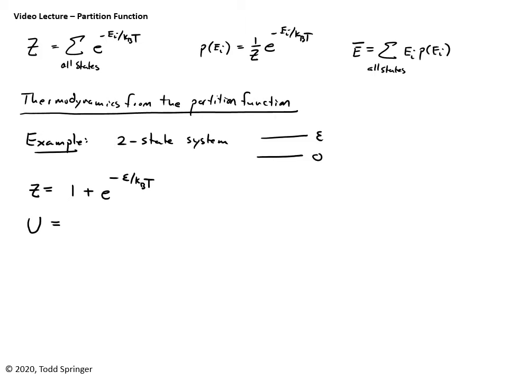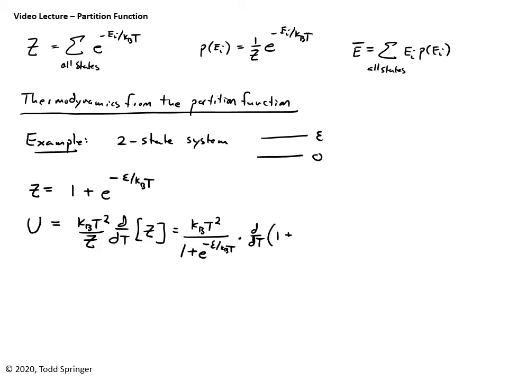I'm going to use now my derivative formulas. So u is kBT squared over Z, d by dT of Z. So kBT squared, here I've got 1 plus e to the minus epsilon over kBT. And now I've got to take the derivative of the Z, d by dT of 1 plus e to the minus epsilon over kBT.